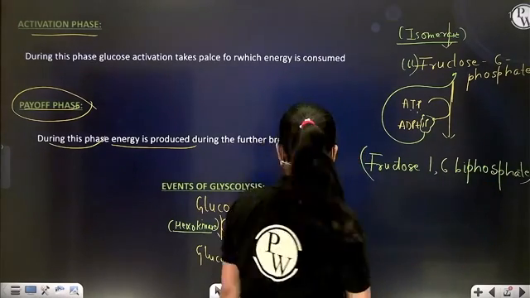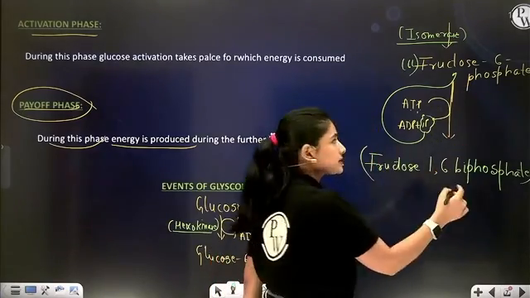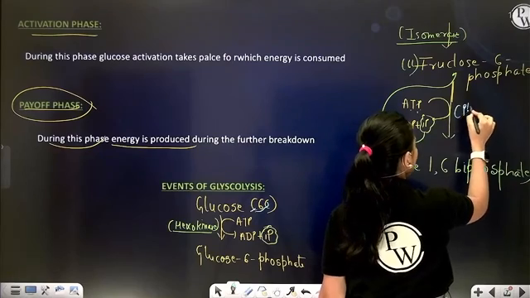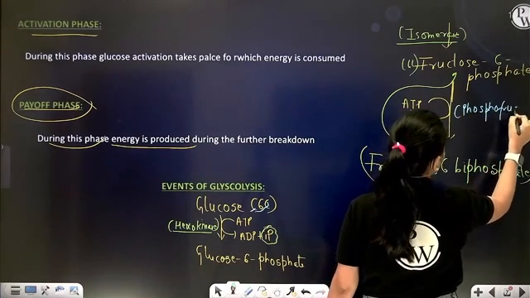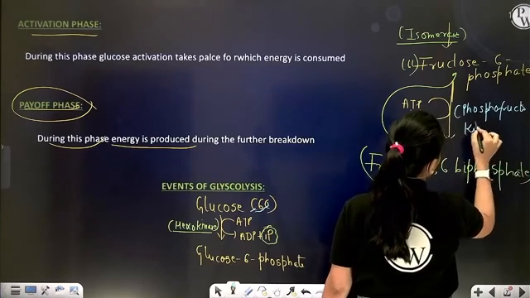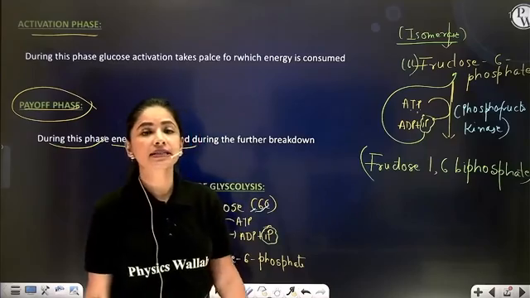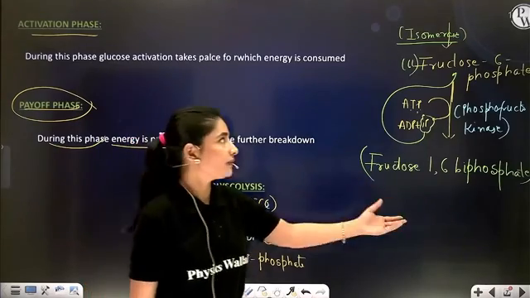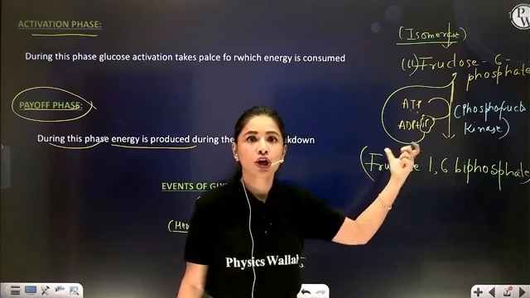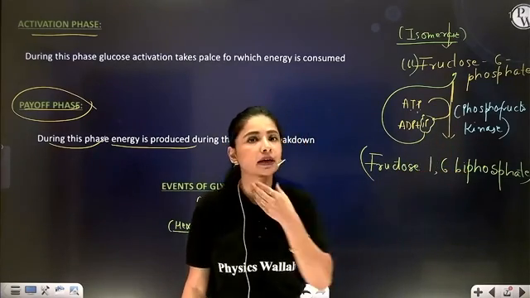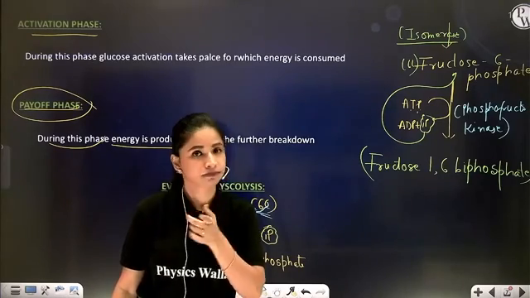And what will be the enzyme required in that case? In the 3rd step, the enzyme required is phosphofructokinase. Correct? So with the help of the enzyme PFK, activation of fructose 6-phosphate takes place to produce a 6-carbon compound, fructose 1,6-biphosphate.